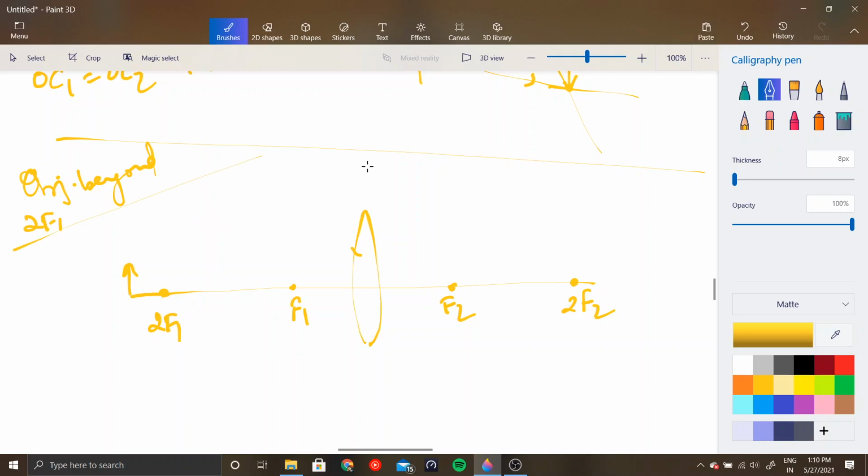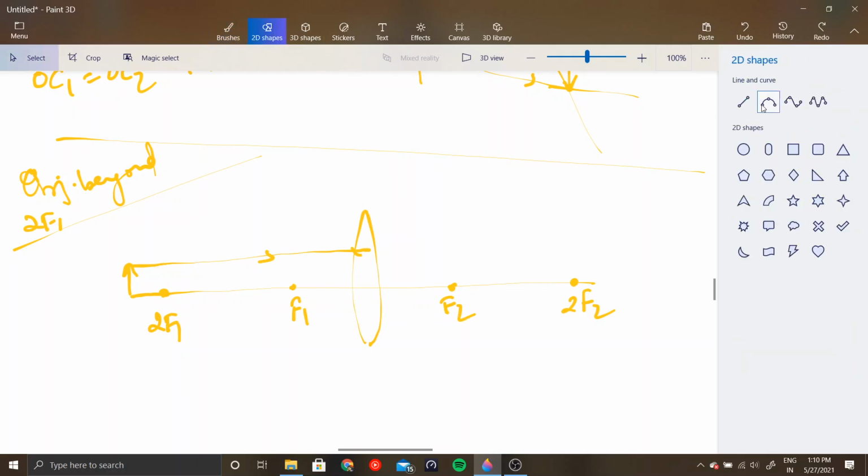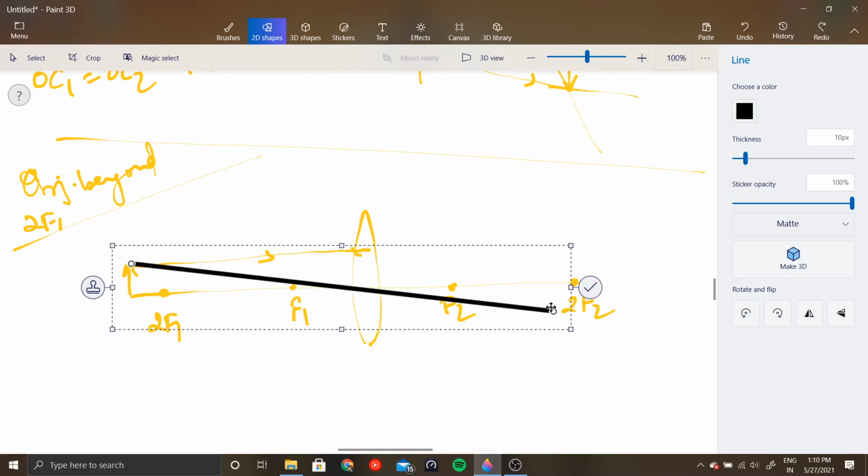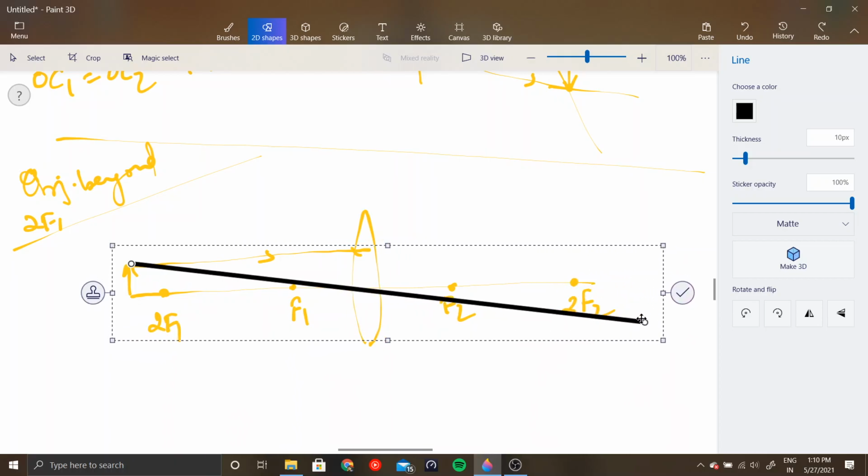Again, take out two rays, one parallel to the principal axis, okay, one parallel to the principal axis, and one directly passing through the optical center. Okay, I'm very bad at drawing lines using this, so let me just use, yeah, so I need a line that is basically this, correct?